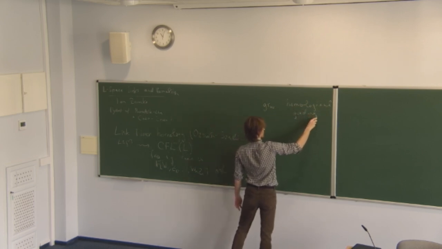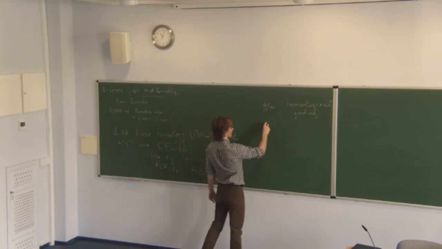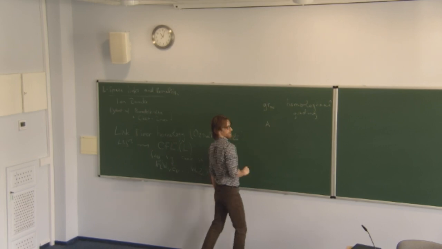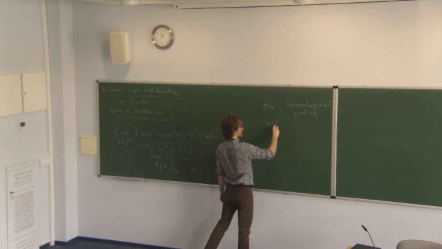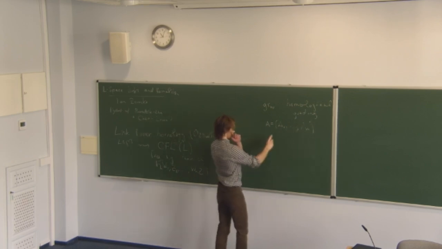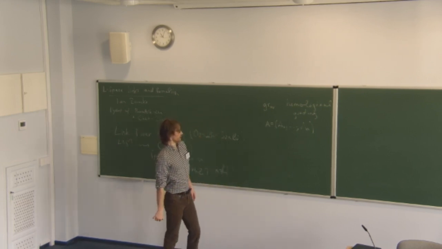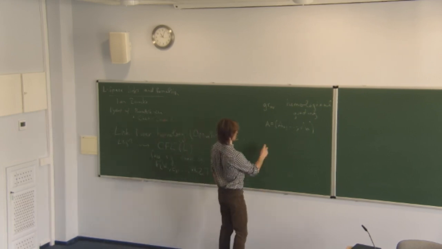It also has some extra gradings called the Alexander gradings. It has an n-component Alexander grading. So it's an n-component grading, and it takes values in a linking lattice.